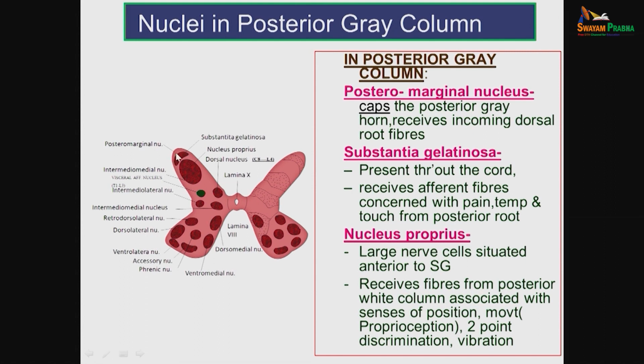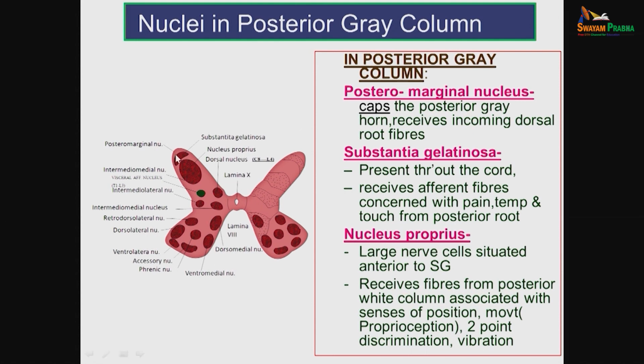Next is the substantia gelatinosa, a very important nucleus present throughout the cord. It receives afferent fibers concerned with pain, temperature and touch from the posterior root. It is an important second order neuron in the spinothalamic tract.